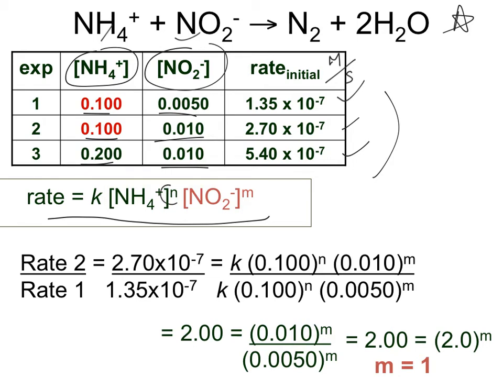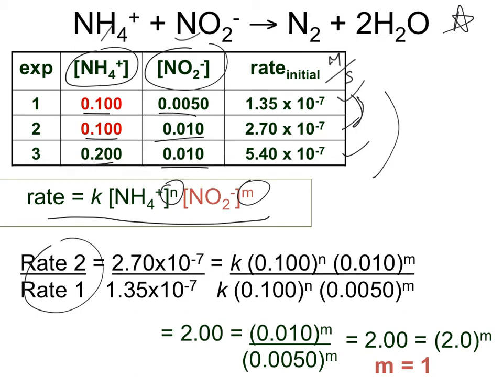Now, in order to figure out our N and M values, we are going to compare the initial rates of two of the experimental data sets. In this case, we're comparing rate 2 and rate 1.